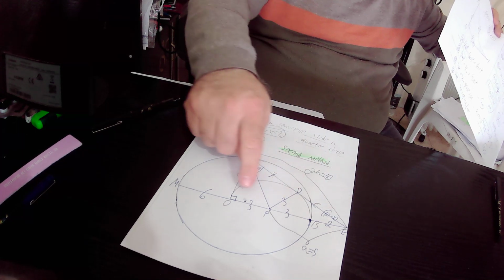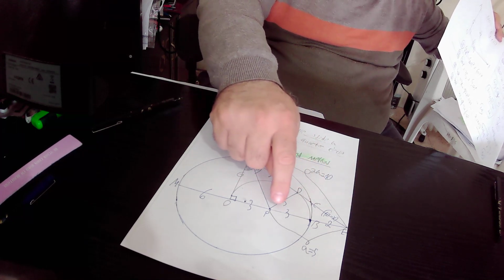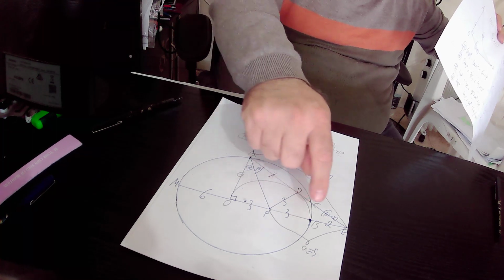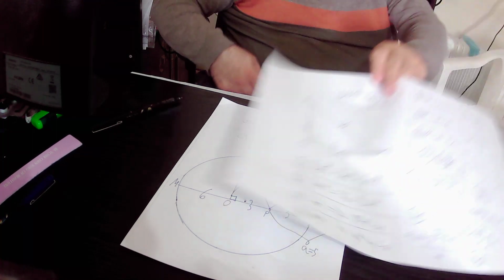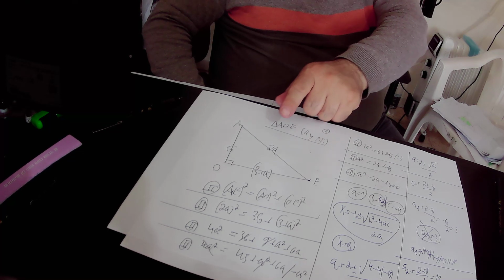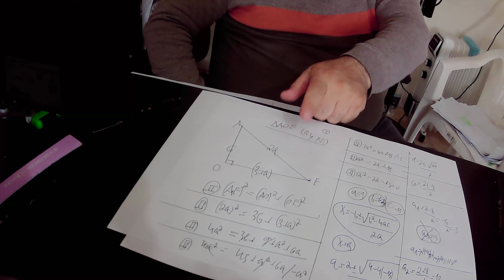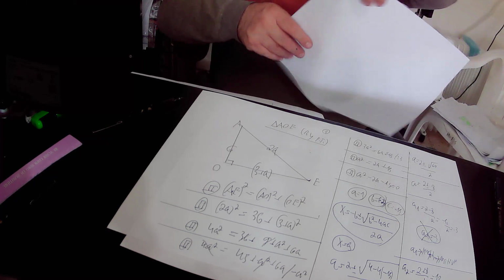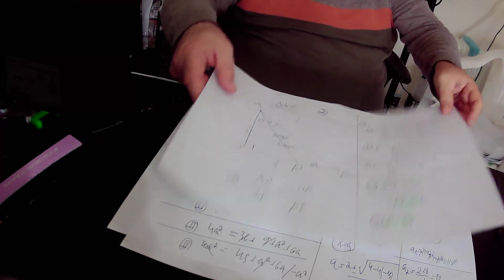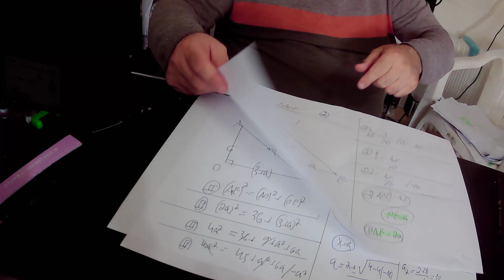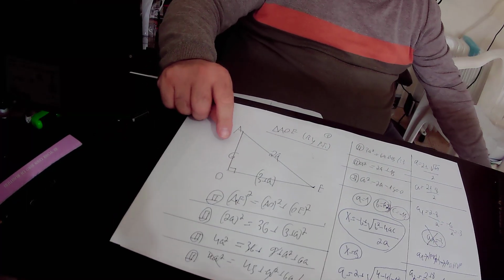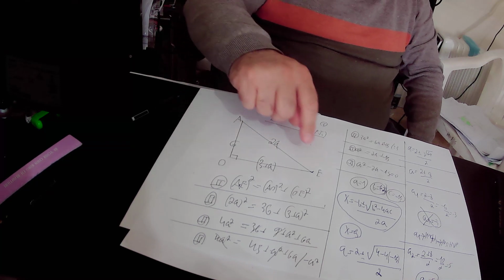OP equals 3, plus PE. 3 plus PE is 3 plus a, because PE equals a. So here OE equals 3 plus a. You can see it from here also. AO equals 6, and the hypotenuse AE equals 2a.